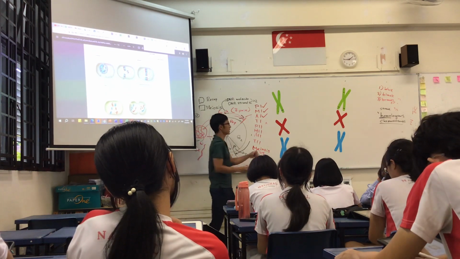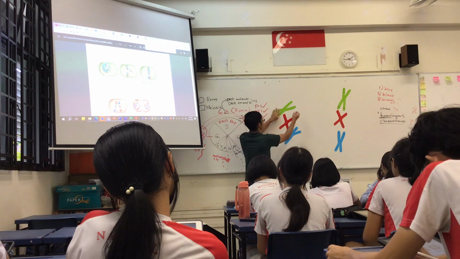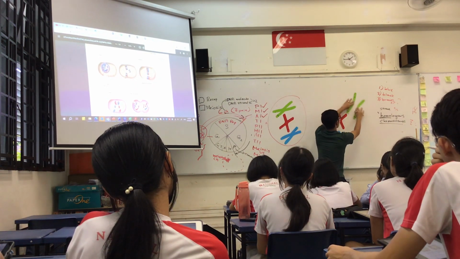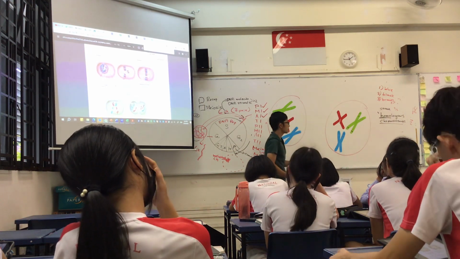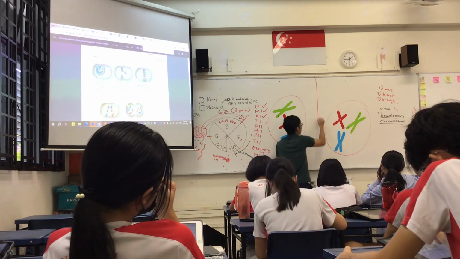In telophase 1, these chromosomes will likely uncoil and reform the nucleus. Likely cytokinesis will occur. Then you'll have two separate cells from now onwards.